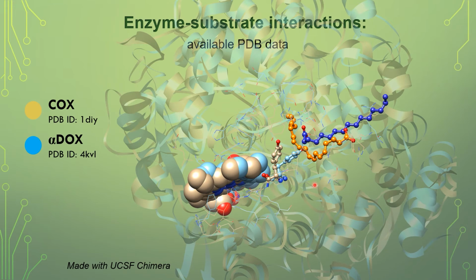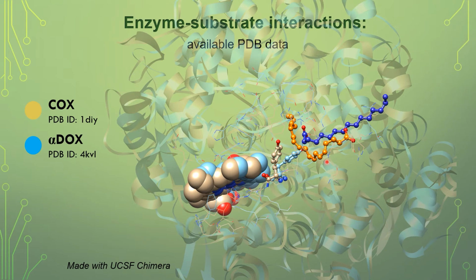The second validation comes from available PDB data for cyclooxygenase depicted in orange and alpha-dioxygenase depicted in blue. Here we can see that catalytic residues are the same, but the placement of substrate is very dissimilar.